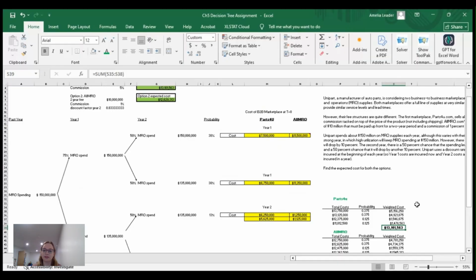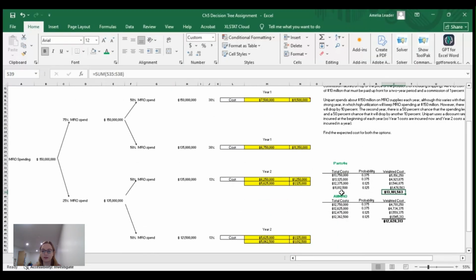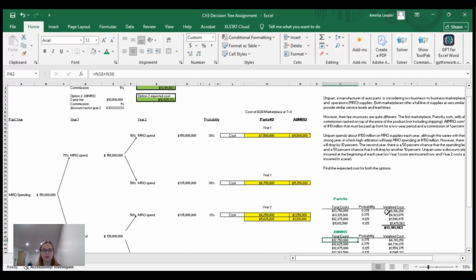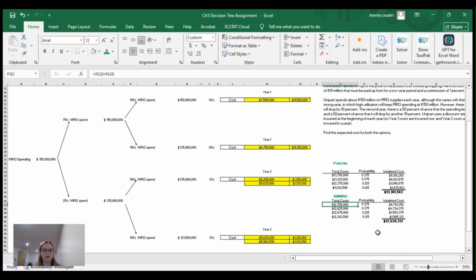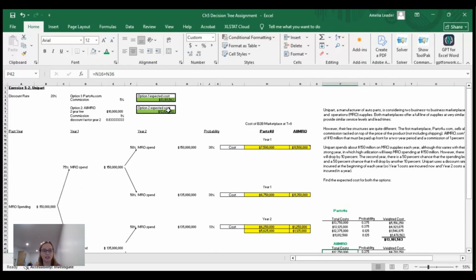And Aimrow here, the same thing, the total cost times the probability with the weighted costs of 12.6 million approximately. So with this answer, Aimrow, option 2, turned out to actually be the lower cost, despite the fee of 10 million there.